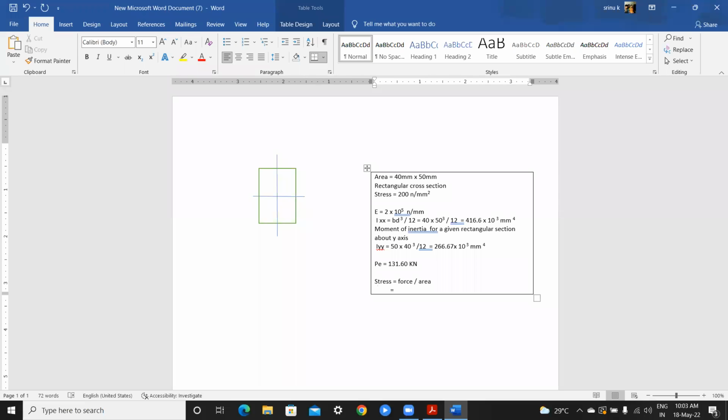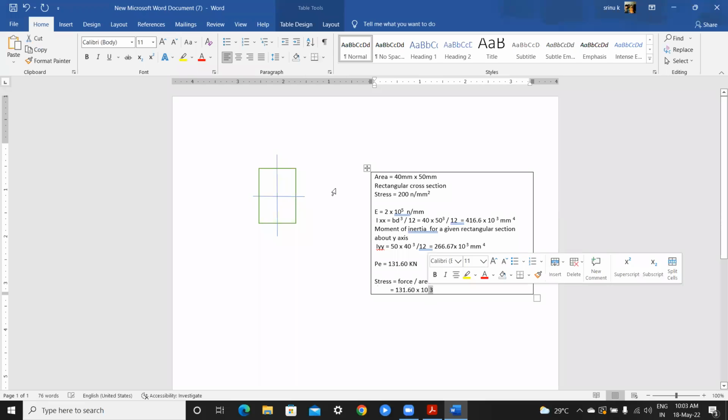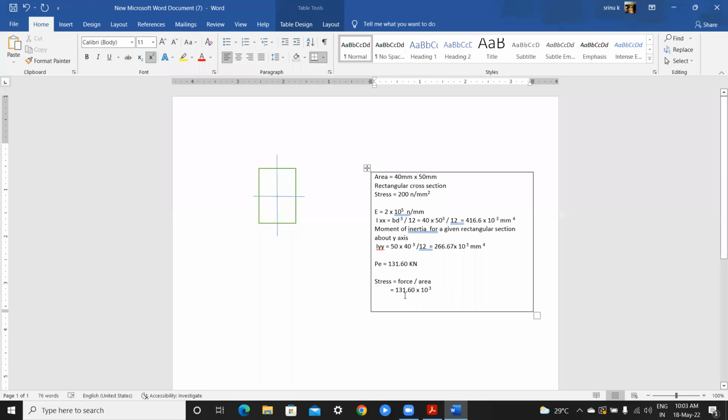So what we got here is the value 131.60 into 10 cube, in Newton. We got the stress here. If we calculate this divided by the area, what is the area for us? Area is 40 into 50.